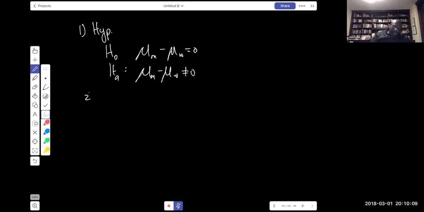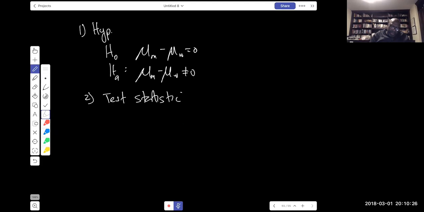Step two, we need a test statistic. How are we going to measure whether or not we have sufficient evidence to support the alternate hypothesis? So we need the test statistic.